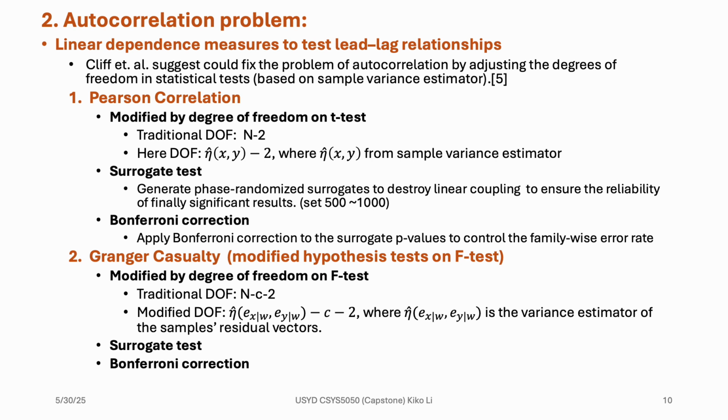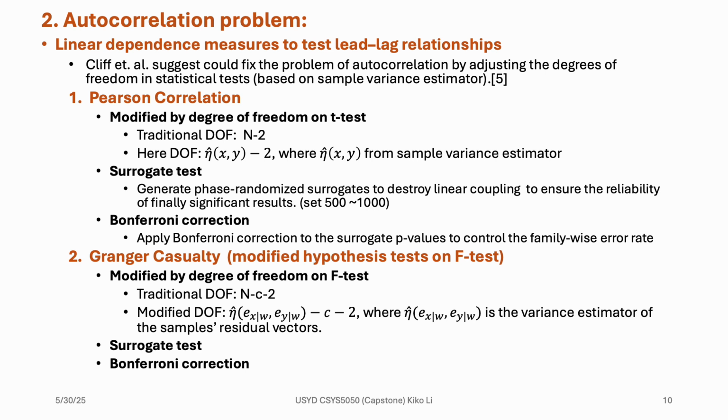Specifically, in Pearson correlation we could use a modified statistical test to accurately identify cross correlation without disturbance from the data itself. By applying a t-test, but not with degrees of freedom n-2, instead we use degrees of freedom corrected from the sample variance estimator, which allows us to fix the problem of autocorrelation.